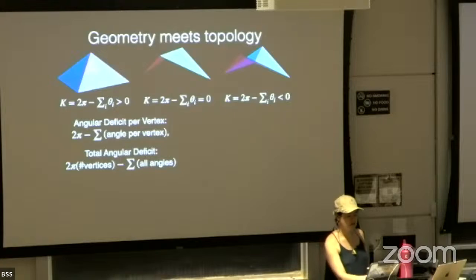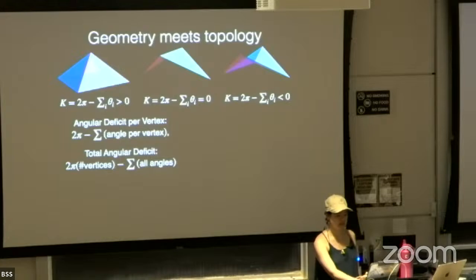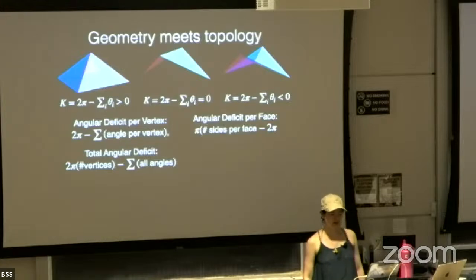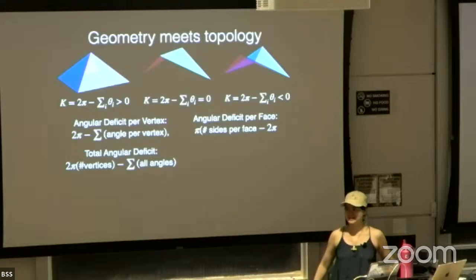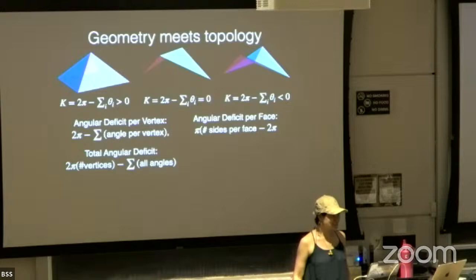Here, I'm not going to look at vertices, but strictly at the faces themselves. If I want to figure out the angular deficit for a face, this is just the polygon formula we probably learned in, I don't know, 8th grade in the US and probably kindergarten in Europe, because you are way ahead of us in the US.